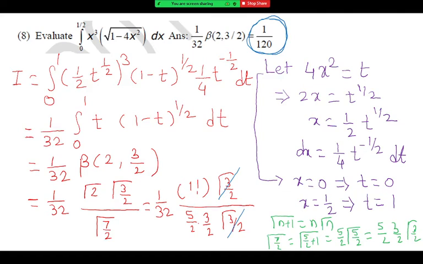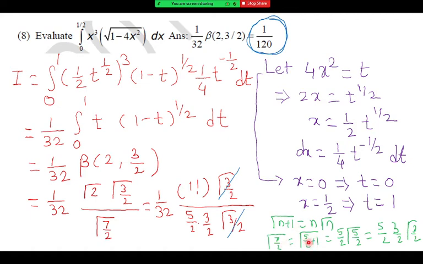Sir, please explain once more how did we break down that gamma 7 by 2? Gamma 7 by 2 is, see, whenever n is a fraction, we have this formula. What is the formula? The formula is this one, gamma n plus 1 is n gamma n. Okay, this is the formula we use for n as a fraction. So gamma 7 by 2 is written as 5 by 2 plus 1.